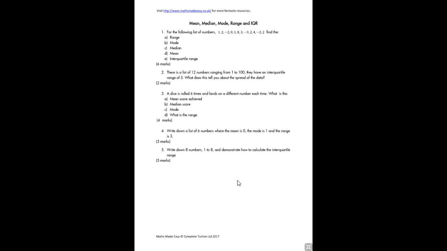Okay. These 5 questions are for homework. Don't calculate the interquartile range, we haven't done it. But the rest of the questions you can solve, okay?